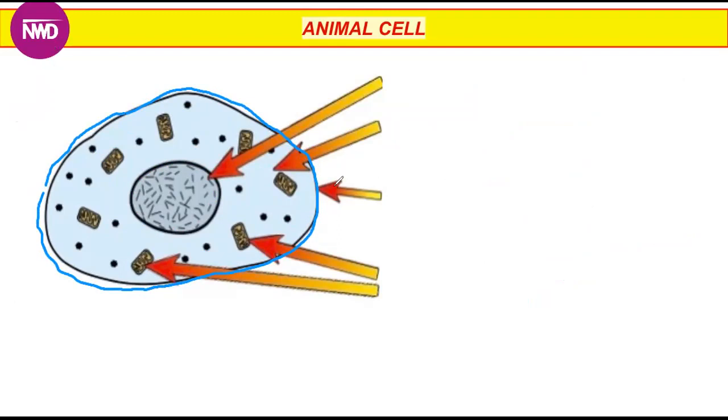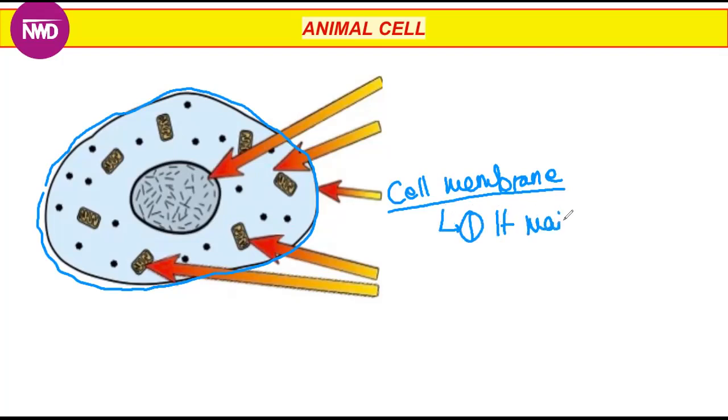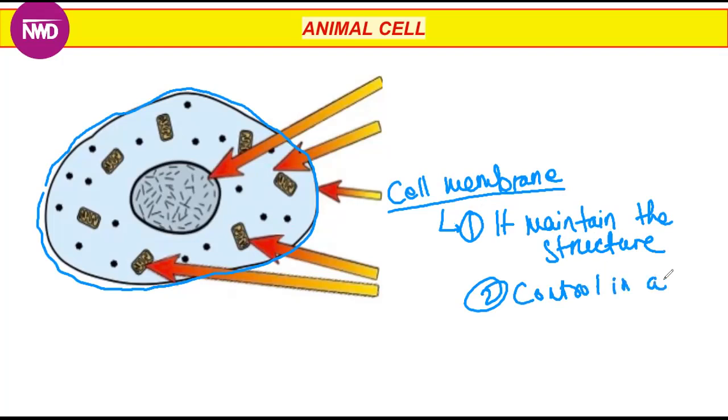This structure is known as the cell membrane. What does the cell membrane do? It has two functions. First, it maintains the structure. The second function is to control what goes in and out of the cell. What is to come inside and what is to go out of the cell is maintained by the cell membrane.